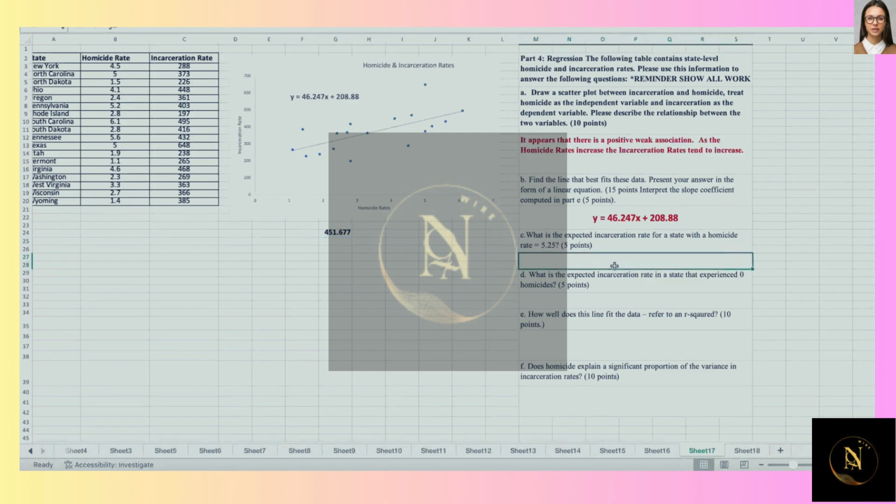And so it tells me that the expected incarceration rate for a state with a homicide rate of 5.25 is 451.677.